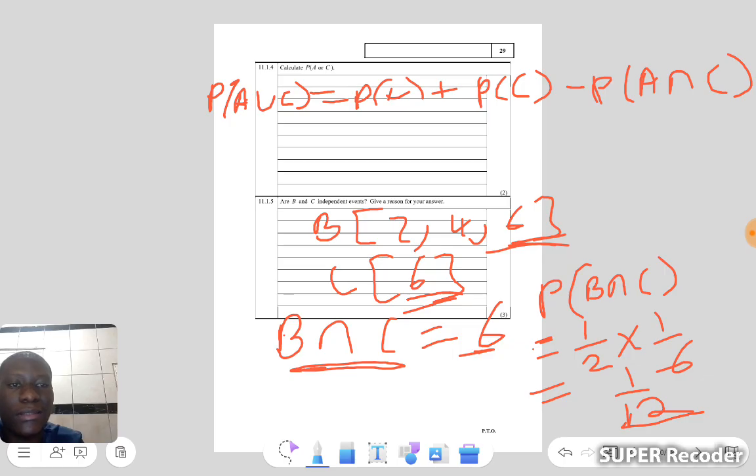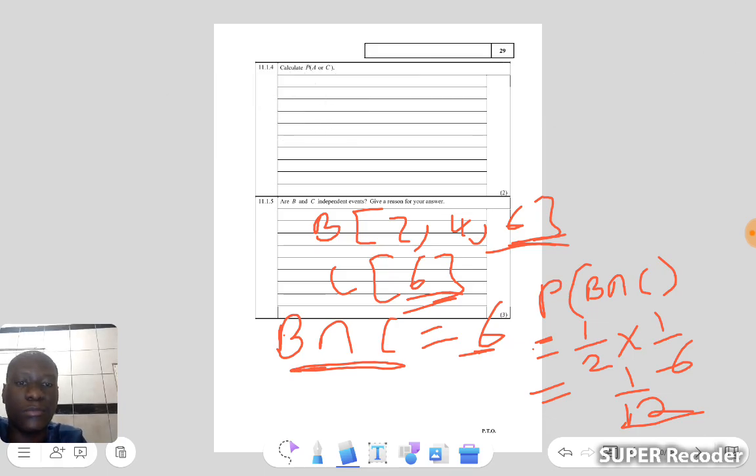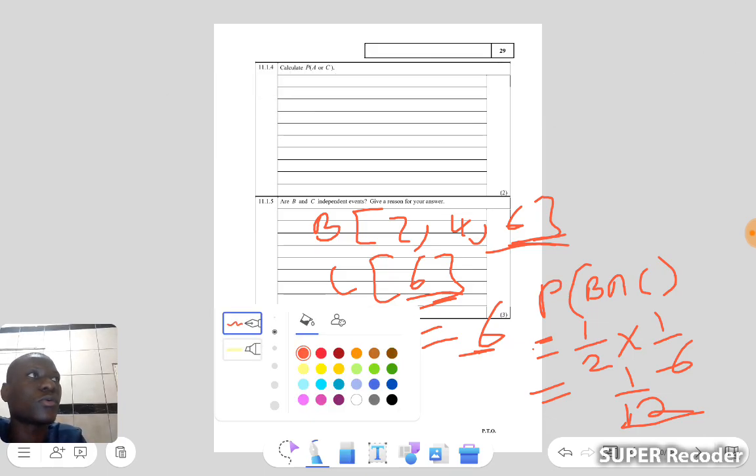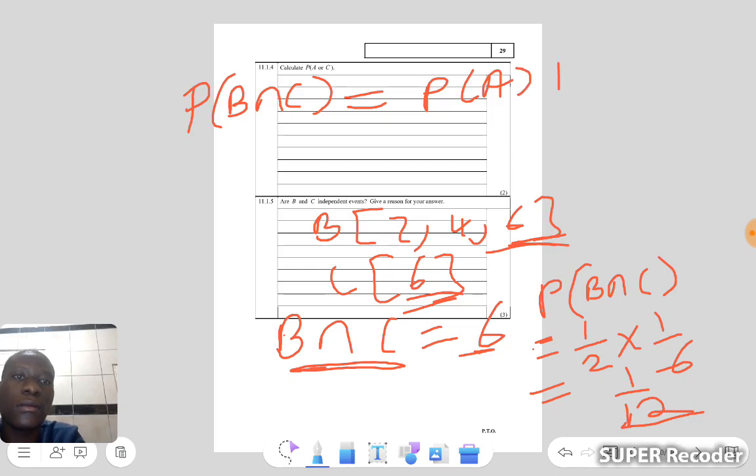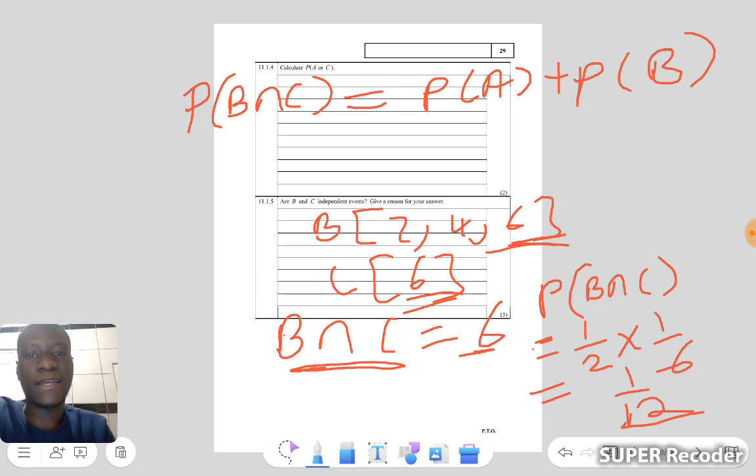I can write on top of 11.1.4. So in conclusion, probability of B and C would equal probability of B times probability of C if they were independent events. So what do we need to do from here?